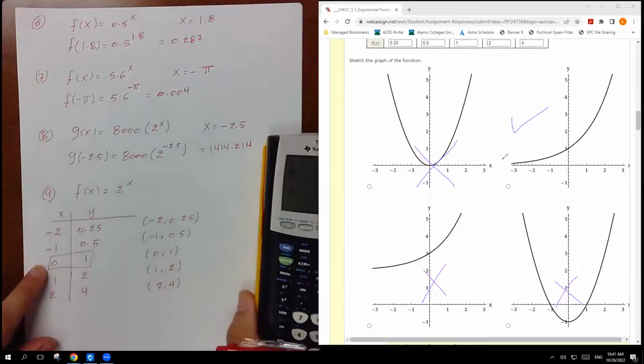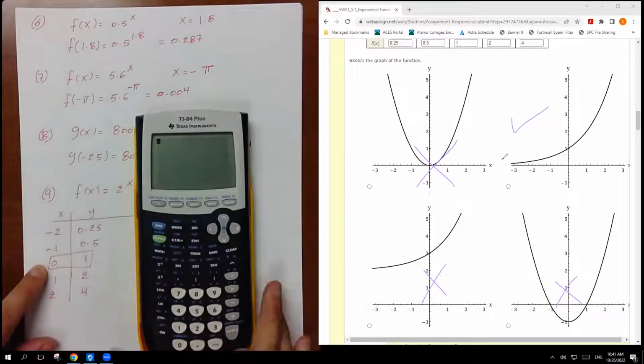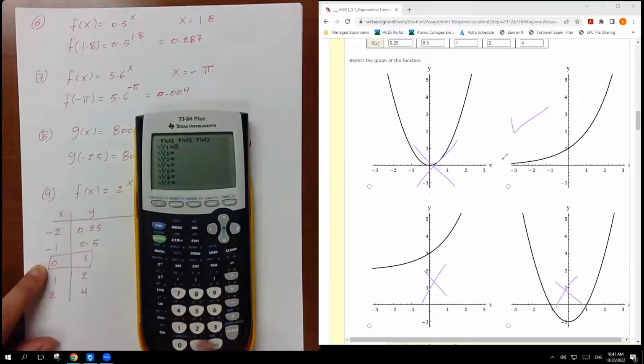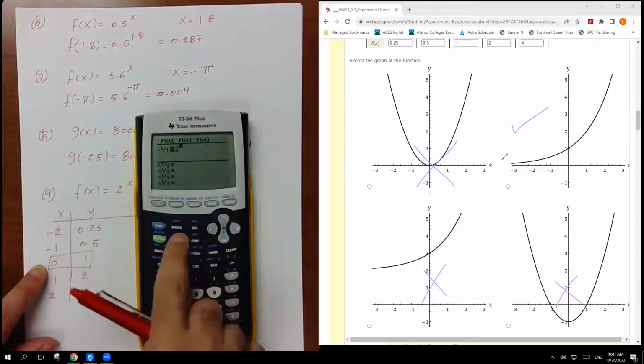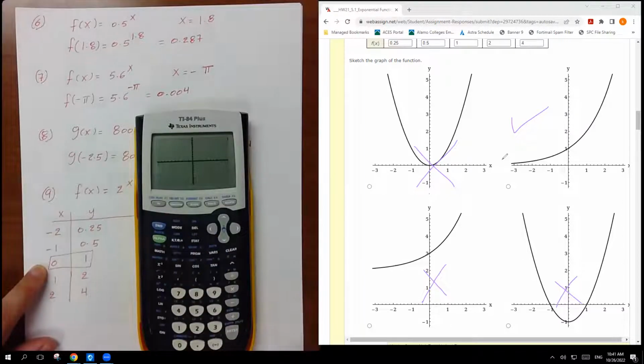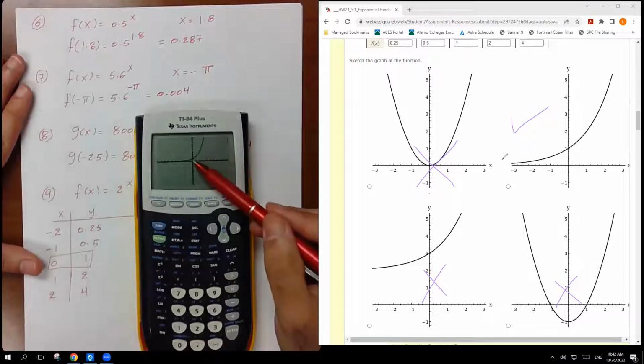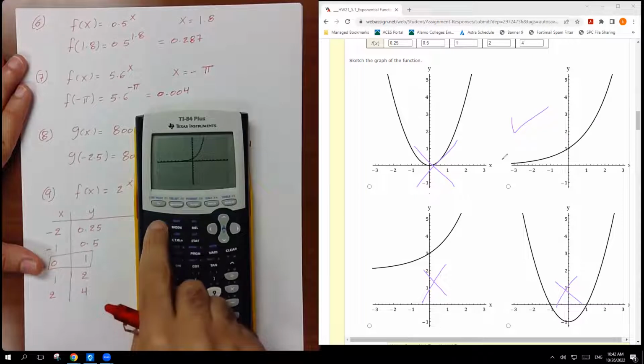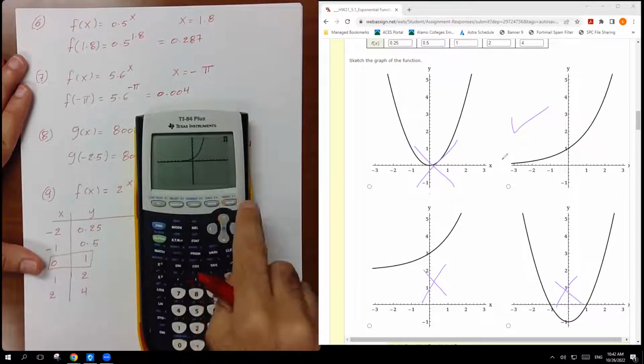If you want to make sure this is the right one, let's graph it. So I'm going to say 2 to the power x. Graph, and the graph of this one is going to be here. Now let's check the table, the second function, and you're going to click on the graph.